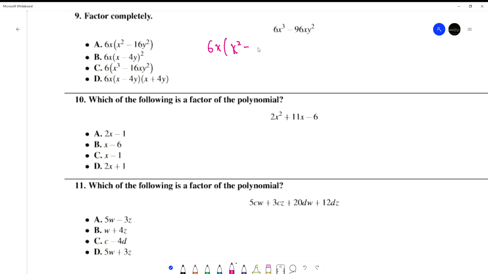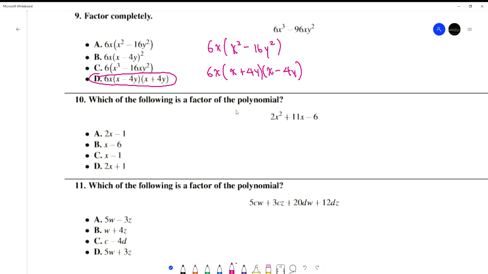And then 96 divided by 6 comes out to 16y squared. Okay, I see that this is our difference of squares. So I get 6x times x plus 4y times x minus 4y. Okay, and that is answer choice D.